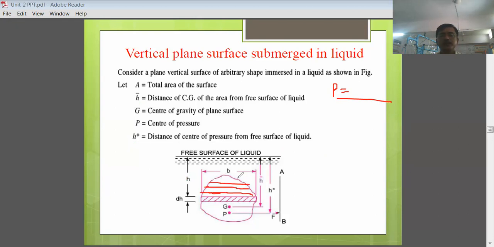We are dividing this entire surface into small strips like this. After dividing, we consider a small single strip, only one strip, for the derivation purpose. This strip may be at this position or at this position. That is not fixed. You can take it at any position.